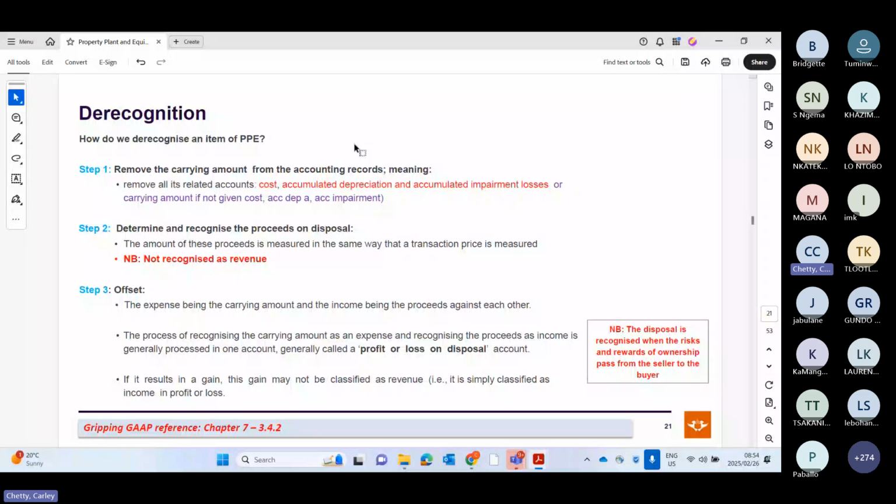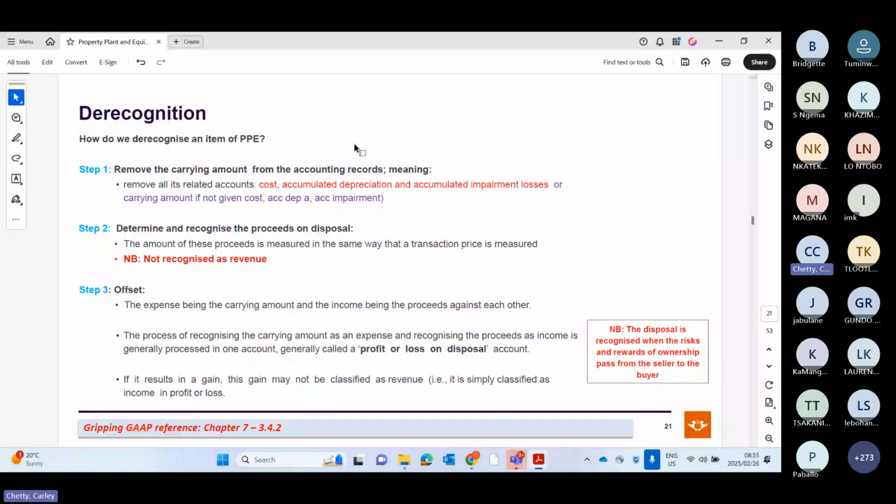Then we're going to determine and recognize the proceeds on disposal. So the amount of these proceeds is measured. The proceeds are not going to be recorded as revenue. We are going to record the proceeds generally in our bank account.